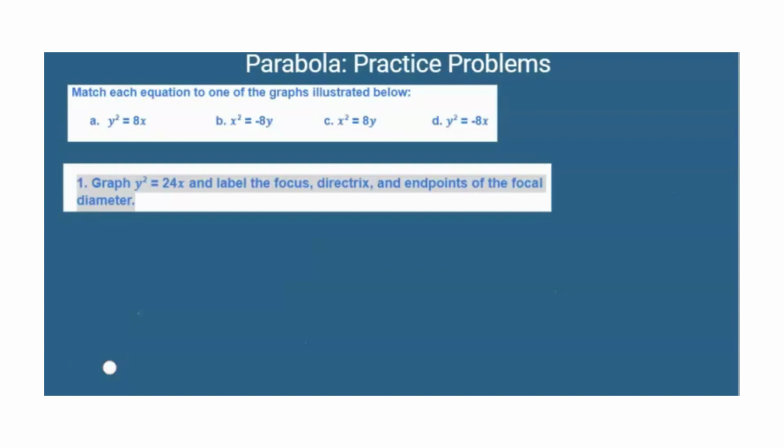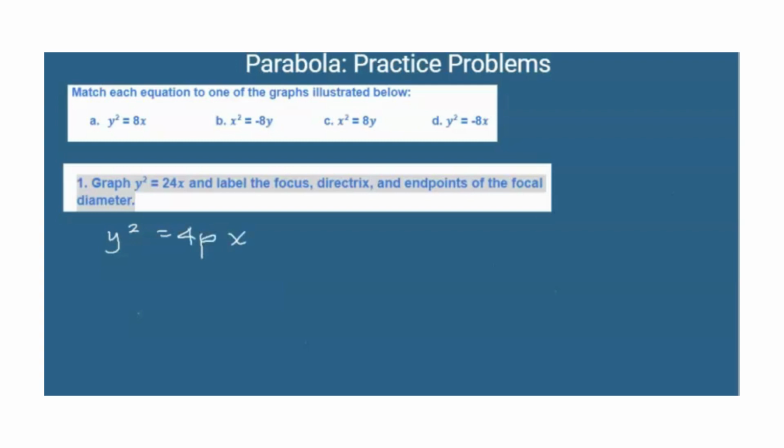Graph y squared is equal to 24x and label the focus, directrix, and endpoints of the focal diameter. So let's see first the equation, which is y squared is equal to 24x. Therefore, the standard form that applies is y squared is equal to 4px.